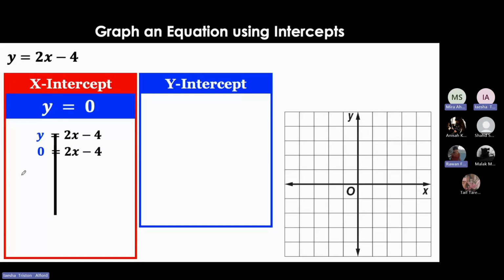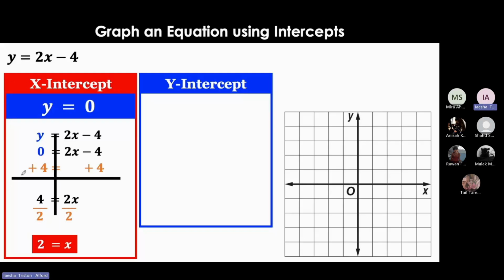Yeah, we're putting 0. After you put 0, you have to solve. So what's your next step? Add 4 both sides. Yes. You get to this. What's your next step? Divide 2 both sides. You get x is equal to positive 2.